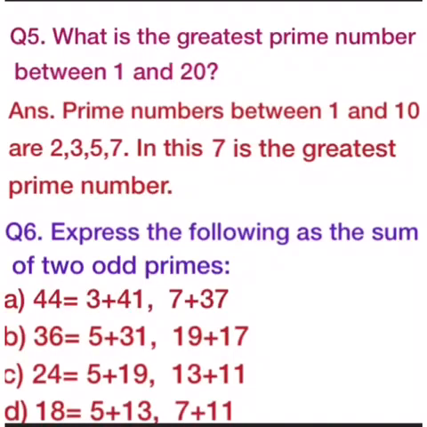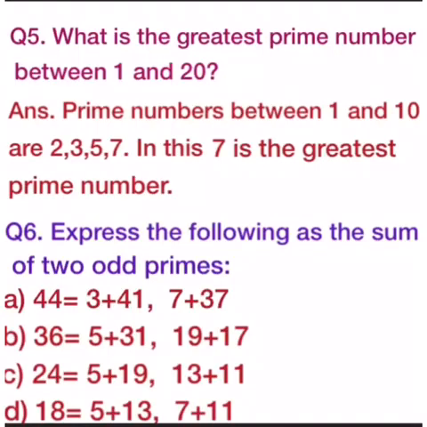Question number 6. Express the following as the sum of two odd primes. The first one is 44. Here children, we have to find out two odd prime numbers which when added give you 44. That means you have to add any two odd prime numbers and you will get 44.